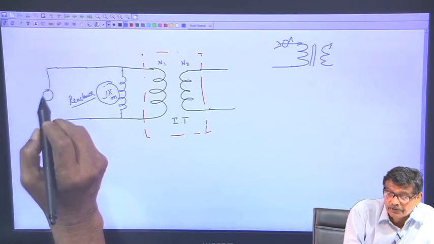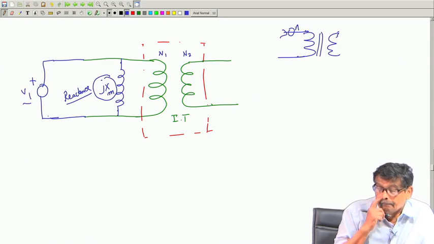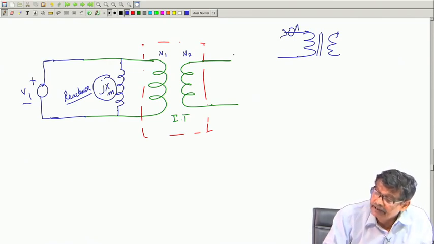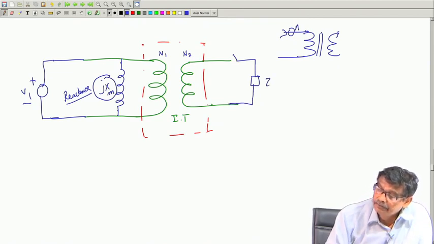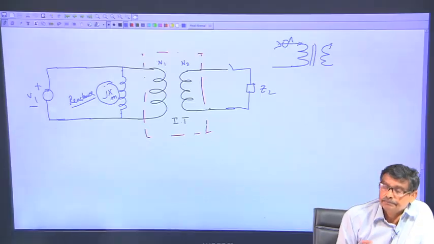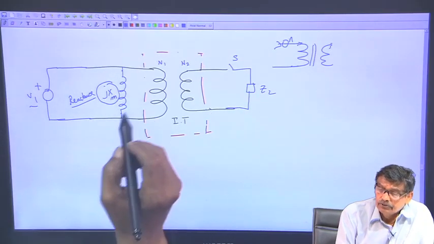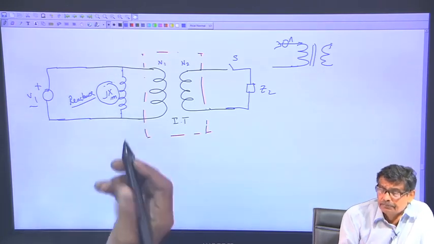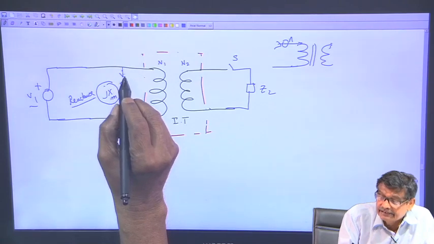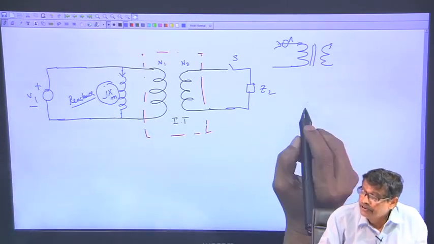So, here is your V1, the applied voltage. You see, if there is a load Z2 connected like this with S opened, this, as I told you, is a reactance. I have modeled the transformer like this. So, what is this current? V1 by jXm.